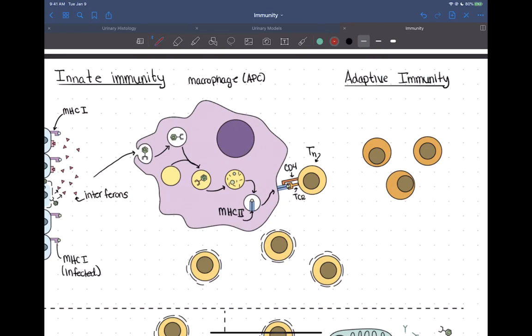When the T helper cell interacts with that MHC2, it becomes activated, and it can become activated into two types of cells. Remember, that's called clonal expansion. These are the memory T helper cells, which just hang out in case you encounter this pathogen again.